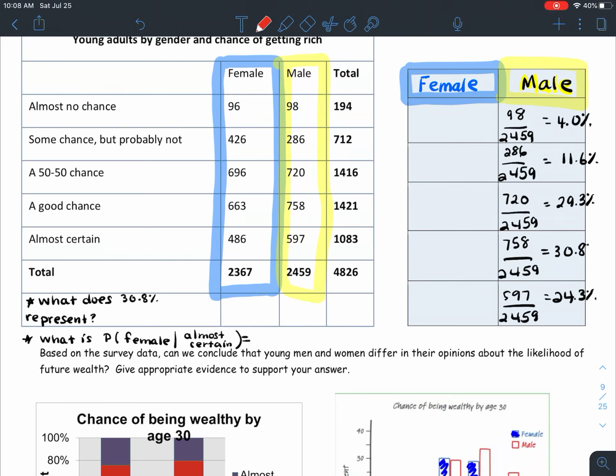Well, that represents the probability that, given that someone is a male, because remember, that's what our reduced sample size was, just the males, that they would answer a good chance, because my numerator there, the 758, came from the males that answered a good chance.